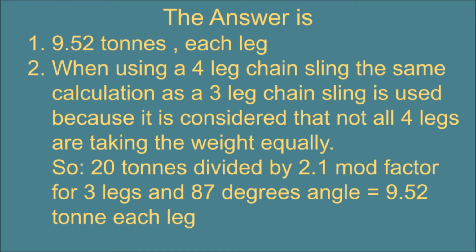When using a 4-leg chain sling, the same calculation as a 3-leg chain sling is used because it is considered that not all 4 legs are taking the weight equally. So, 20 tons divided by 2.1, mod factor for 3 legs and 87 degrees angle, equals 9.52 tons each leg.